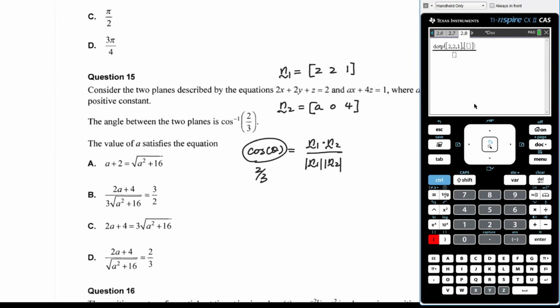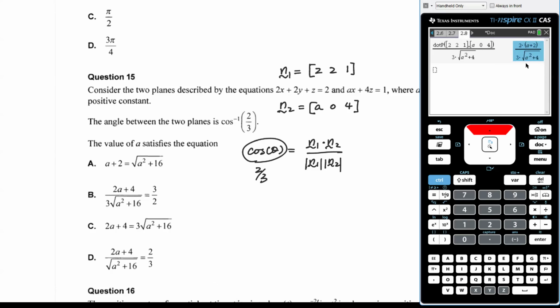For example, what I'll do is dot product of 2, 2, 1 comma a, 0, 4. The bottom, I don't have to use the norm command because this is just 4 plus 4 plus 1, that's 9 under the square root. That's a 3 times the square root of a squared plus 4. So we get 2a plus 2 divided by 3 root a squared plus 4.